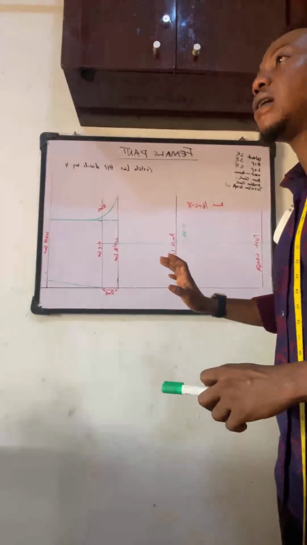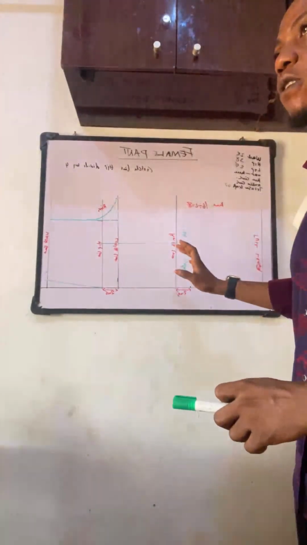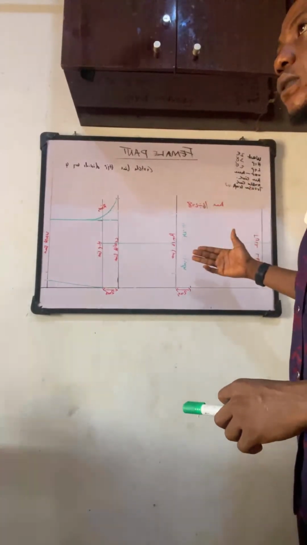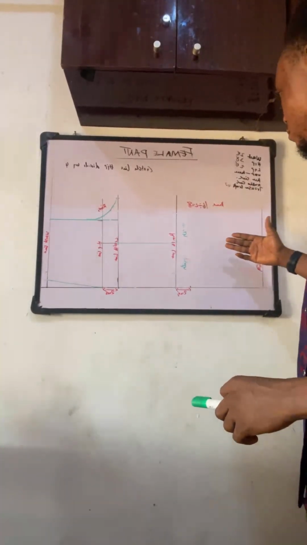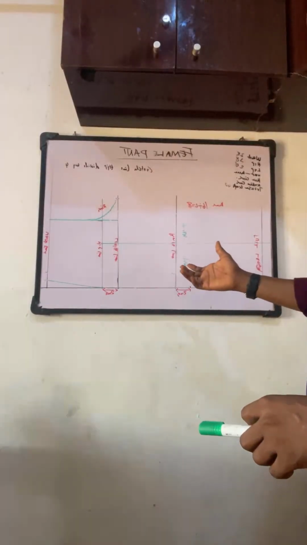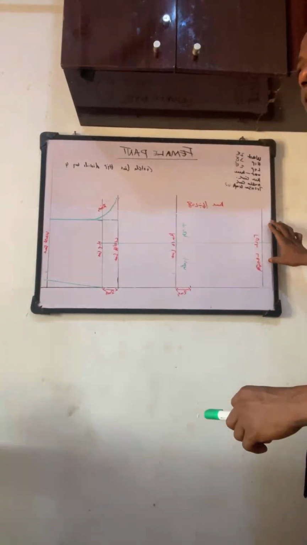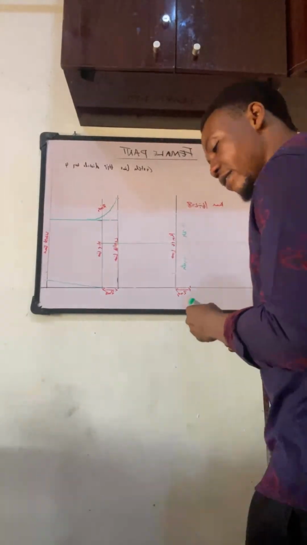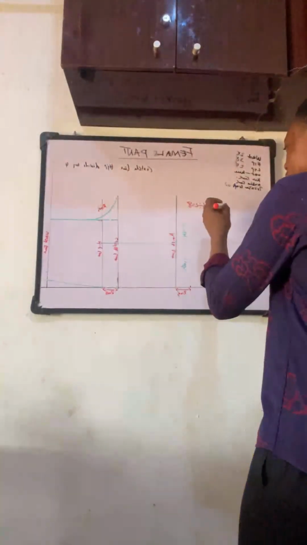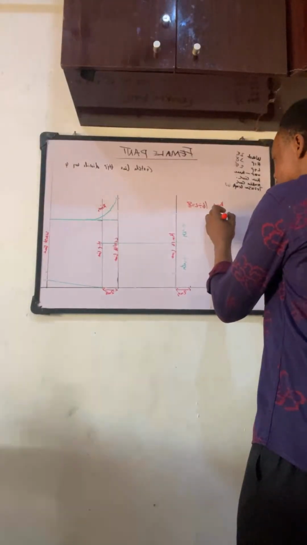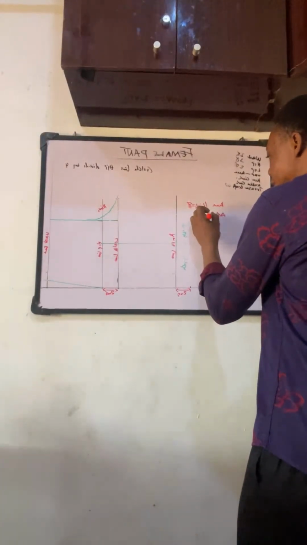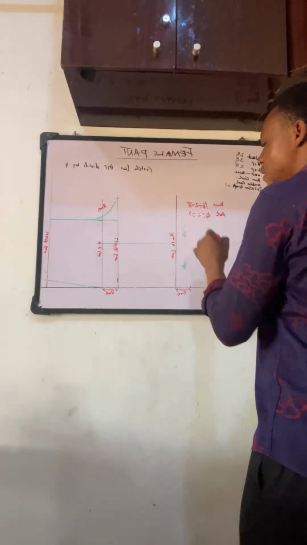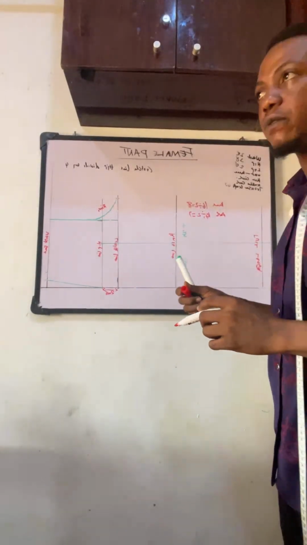Now, what is the ankle circumference of the person? Let's make use of 7. We're making use of 7 for the ankle circumference here. So what you do, your ankle circumference, let's say the ankle is 14. We divide it by 2, and you have 7.